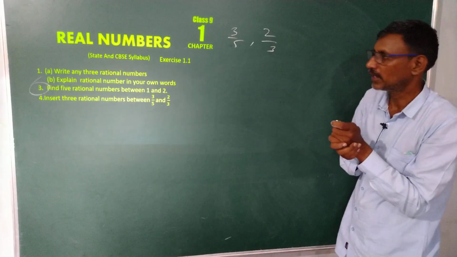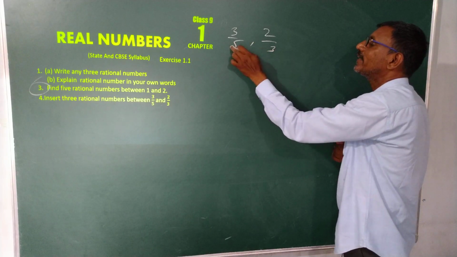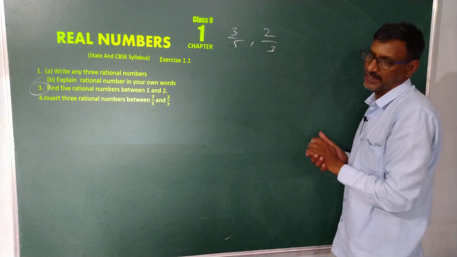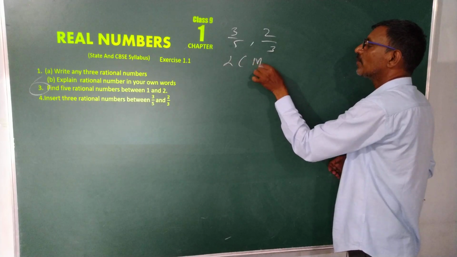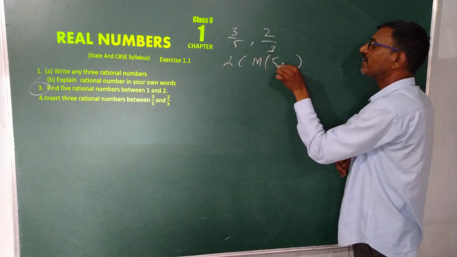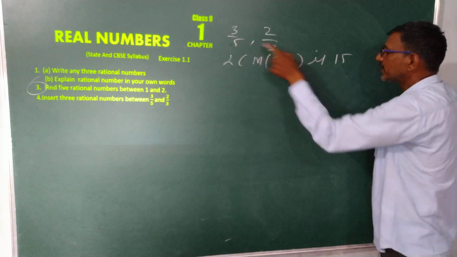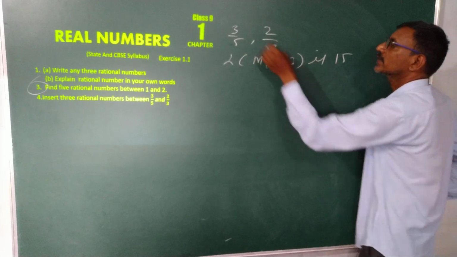First I would like to take the LCM of the denominators of these two fractions, 5 and 3. LCM of 5 comma 3 is 15. Everyone knows. How many times does 5 go into 15? 3 times.